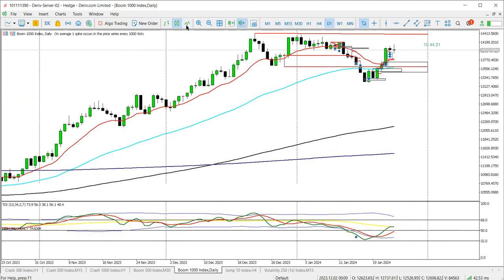So again, my view is I'm looking forward for price to come and take out this daily liquidity at the top here. So this candle could be faking out sellers and price will just continue being bullish all the way up here. That's why we actually want to buy B1000. We're buying into this daily bias.